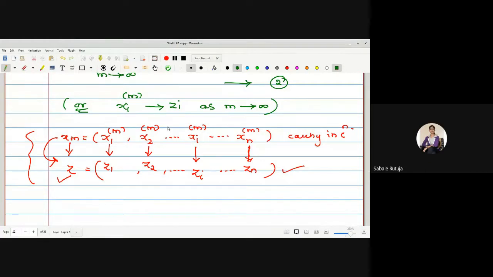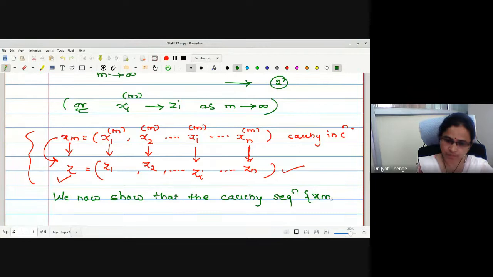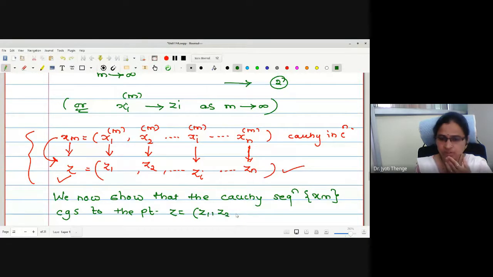Yes, ma'am. Here I just write now. We now show that the Cauchy sequence xm converges to the point, say z, and what are the coordinates? z1, z2 to zn.